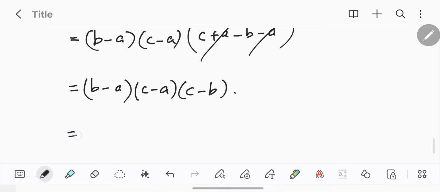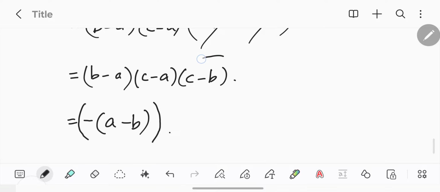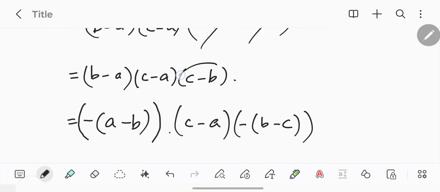If you want to write this answer more nicely, you can take minus common from these two terms. You will get a minus b, okay? And similarly, if you want to write this in a nicer way, write this as it is, c minus a, and take minus common from this, b minus c, because if I take minus common, it will become plus and it will become minus.